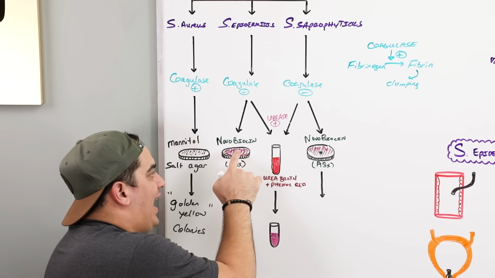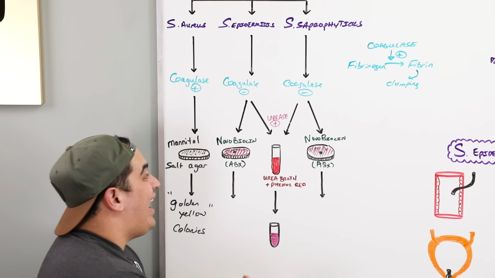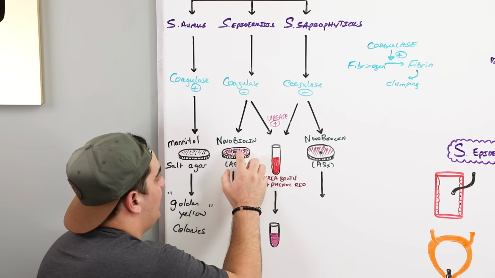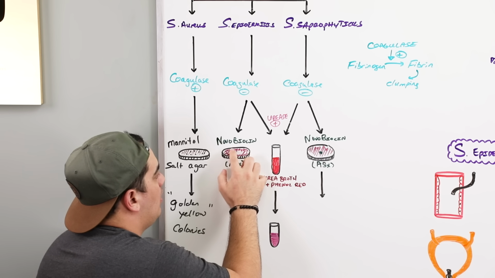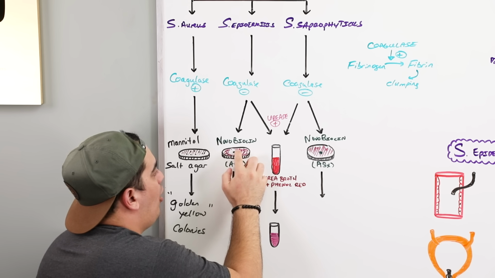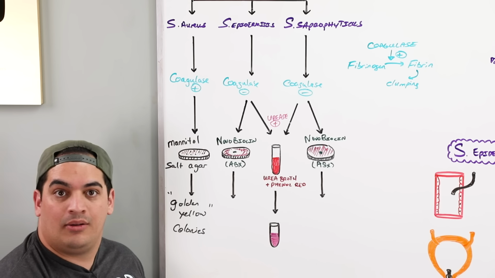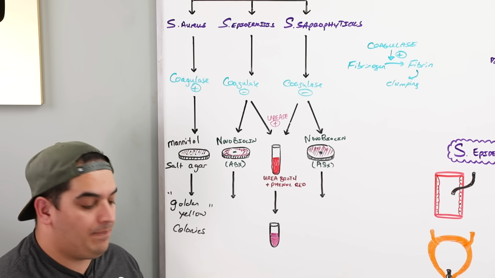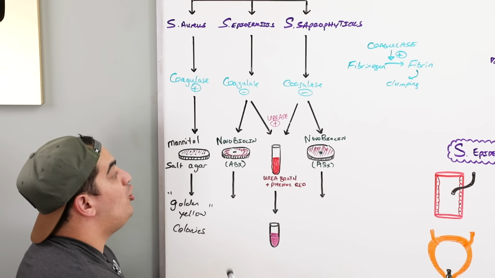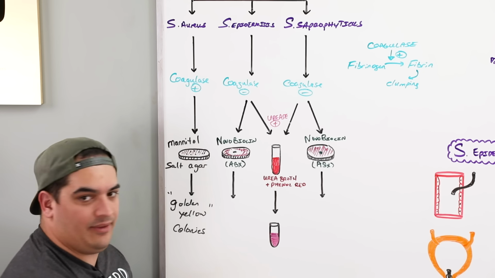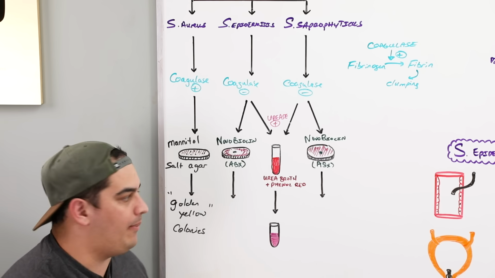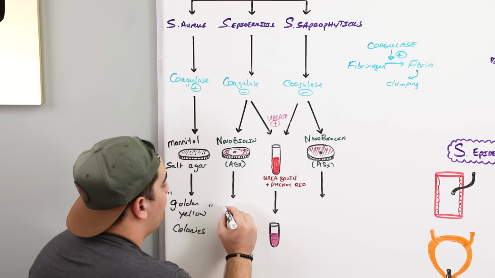The one that causes colonies to die off, so let's say that this one starts to die off. Some of the bacteria die off around the novobiocin because it's able to kill them. This means that they're novobiocin sensitive. That means they're sensitive to it and it can actually kill them.